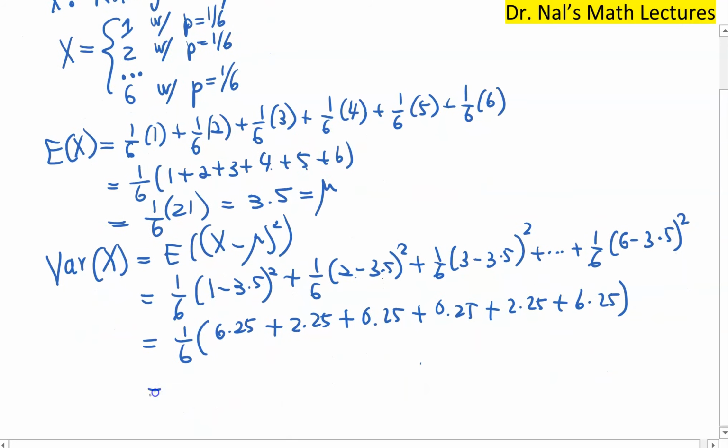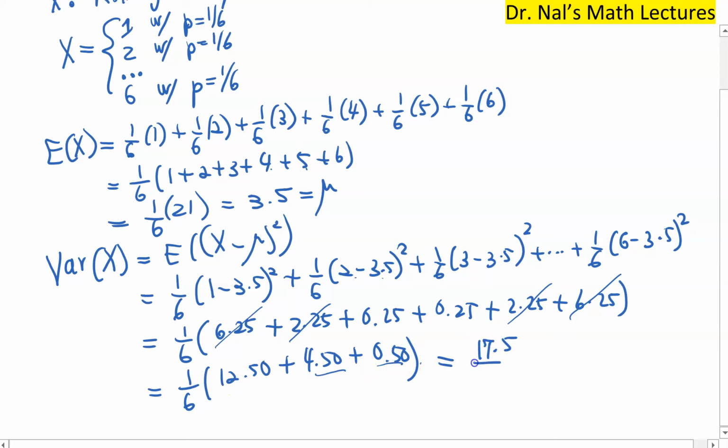If you just add up these numbers and divide by 6, let's do it in one more step. 2.25 plus 2.25 is just 4.50, and the last one is 0.50. So if you were to add these, 4.5 plus 0.5, that's a 5, so 17.5. 17.5 divided by 6. And if you have a calculator like I do, 17.5 divided by 6 is 2.9167.